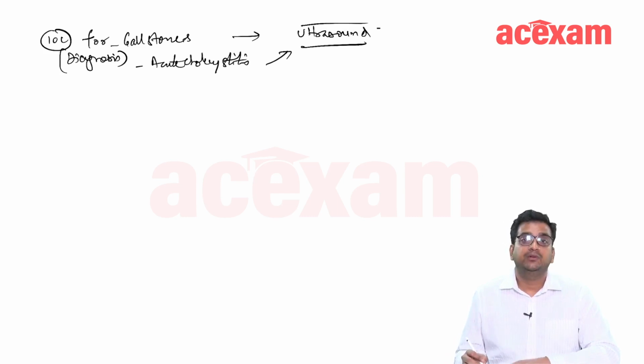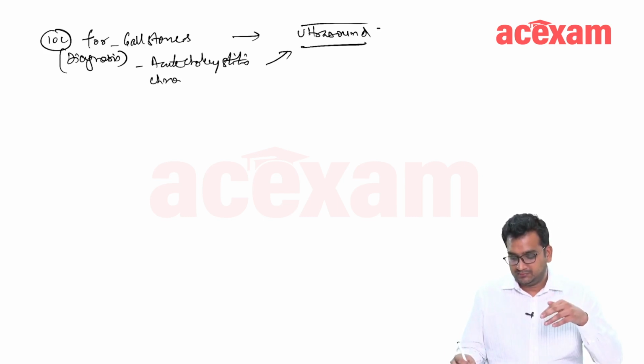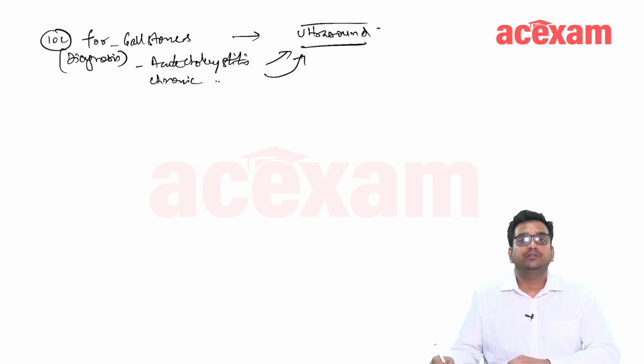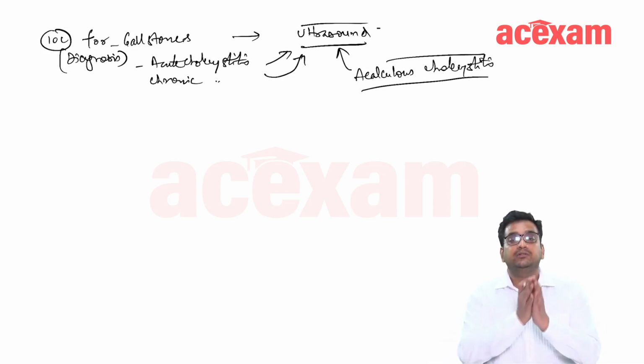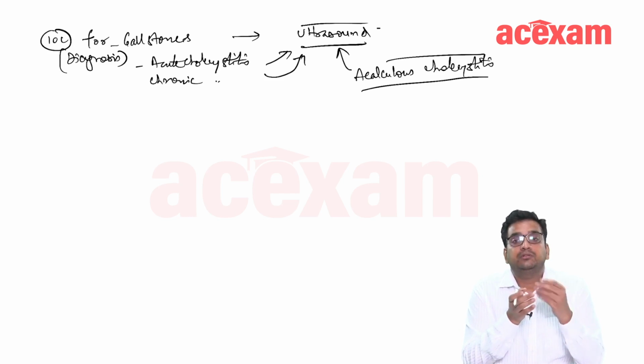Answer is ultrasound. Investigation of choice for chronic cholecystitis? Ultrasound. Investigation of choice for acalculous cholecystitis? Answer is ultrasound. Why? Because in CT scan reports also, you will see that ultrasound is the investigation or modality of choice to rule out gallstones.